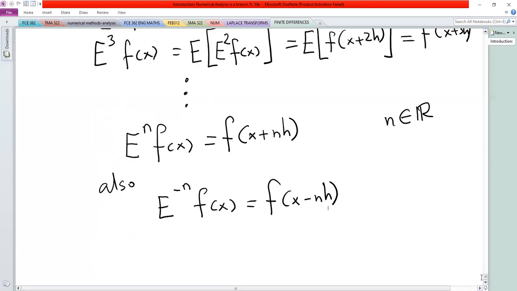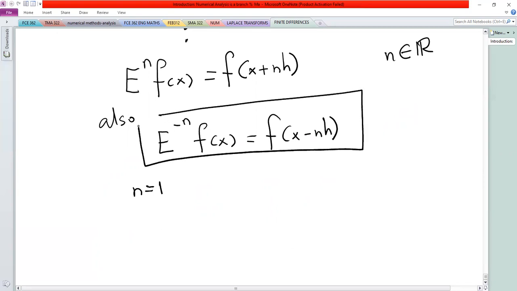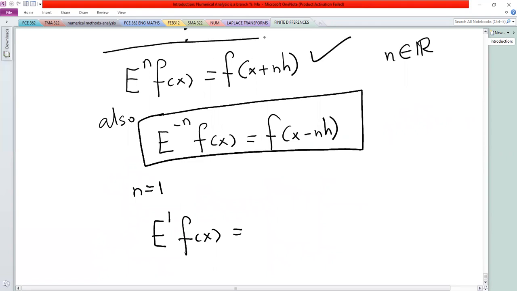So with this result, it means that when n is 1, then e power 1 f of x is the same as, I'm just saying that this is the general one for any given n.